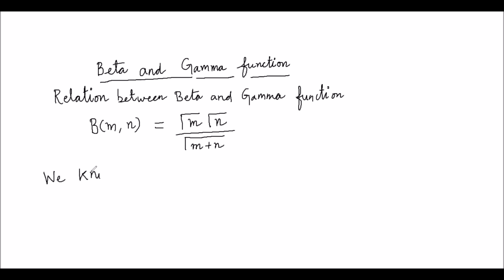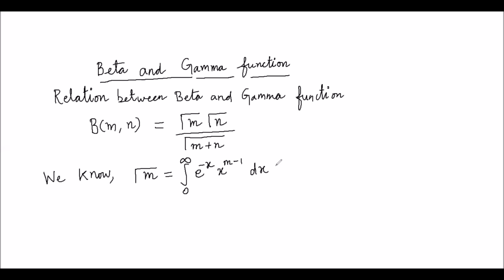We know gamma of m is given by this definite integral, 0 to infinity e raised to power minus x, x raised to power m minus 1 dx. So what we have done, we have just written the definition of gamma function, that the gamma function is given by this definite integral.